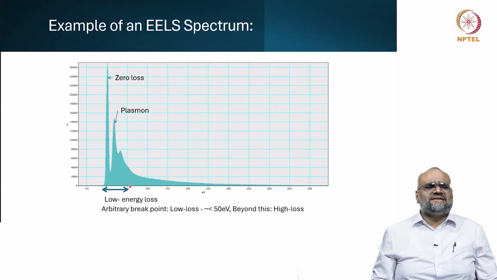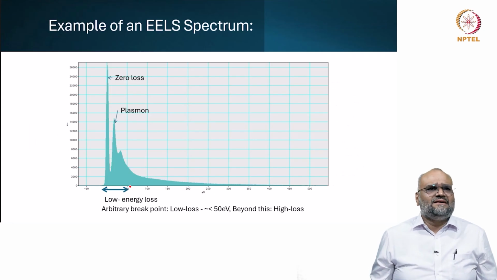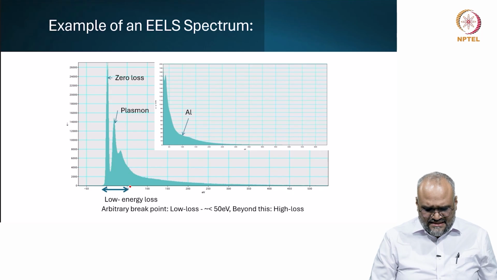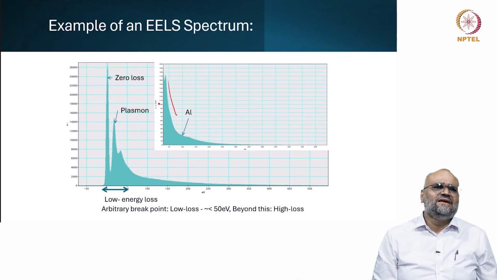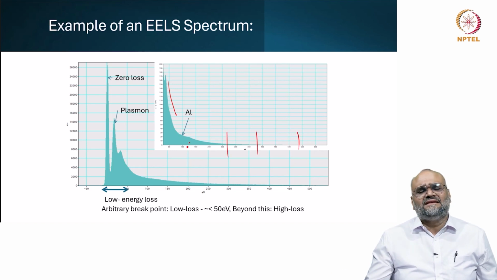So if I look at an example EELS spectrum, this is how it looks like, and if I look at it more closely, here is an ionization edge from aluminum. Bear in mind the strong background intensity is because of the thickness of the specimen, and depending on how I change the dispersion of the spectrometer, I can specifically choose a channel of energy and then get spectra from that particular region.